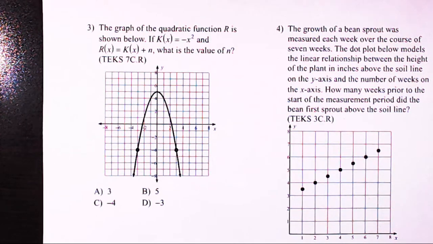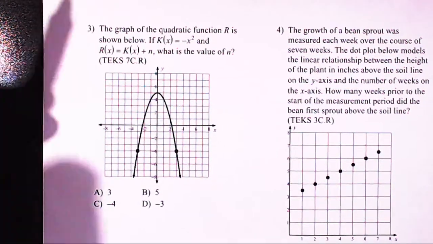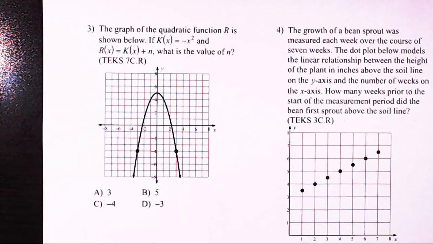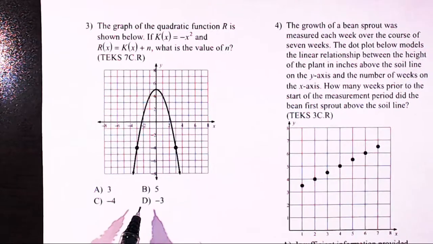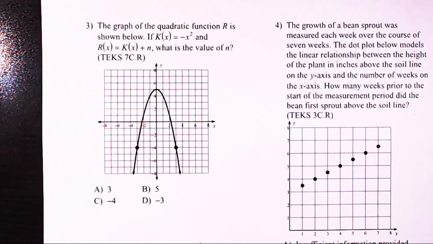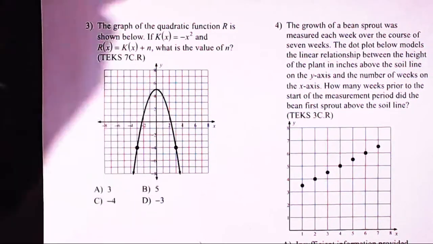The shortcut on this is to just identify some points. All right, just look at your answer choices. They're all whole numbers. So if you don't even know what you're doing, you can look around for numbers that appear in the graph.